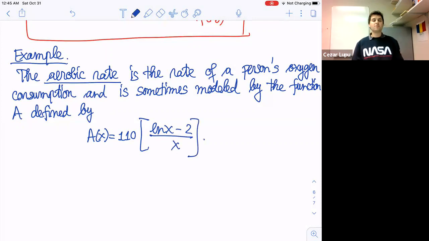So let's just say that it is modeled by this function, where x is nothing else than just the person's age.